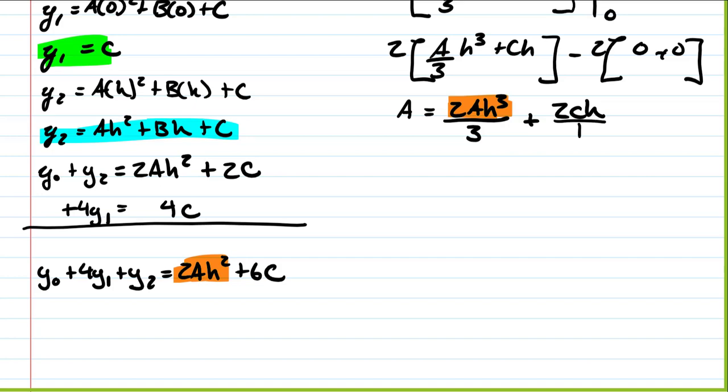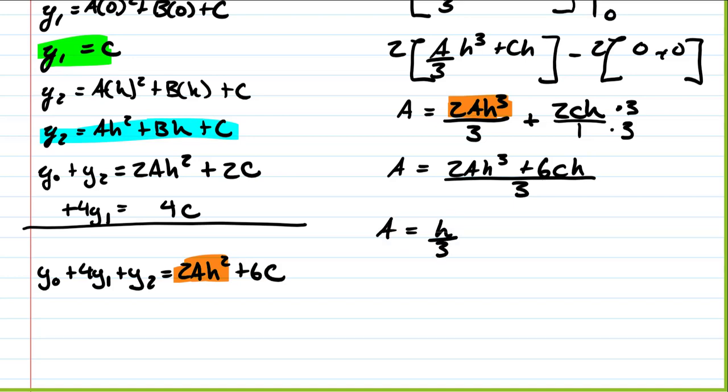I can make that a fraction over 1 and then get a common denominator by multiplying the top and the bottom by 3. So that tells me the area is then 2ah cubed plus 6ch all over 3. I have a common factor of h that I can factor out, so I factor out the h over 3, and what's left behind is the 2ah squared plus 6c, which is exactly what I'm looking for over here.